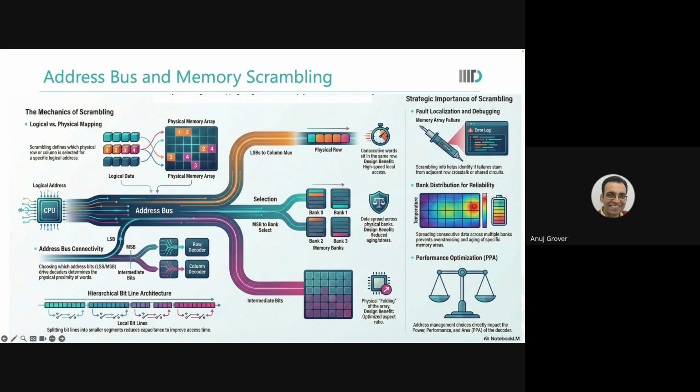So now, just the logical location you're not interested in. You also want to understand the physical location. And that is the information that is made available to you when you have scrambling related information of the memory. It tells you where two logically adjacent words were.